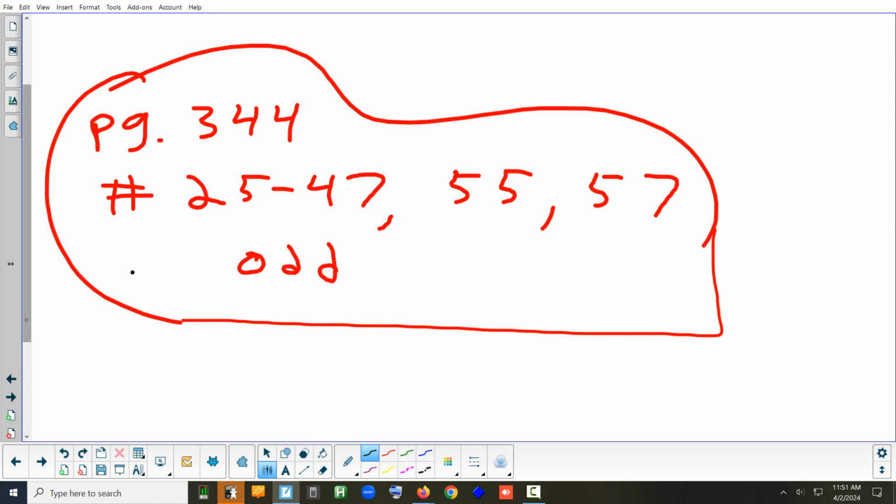Okay, so there is one question I need to change. See, I might have already changed it because it looks like I erased something.